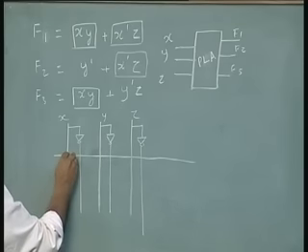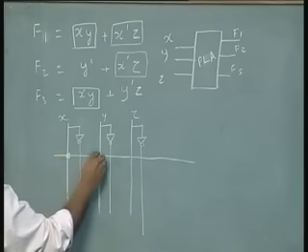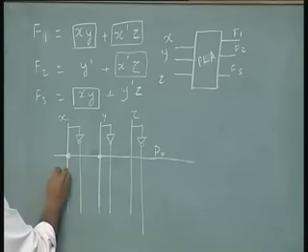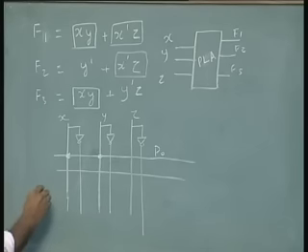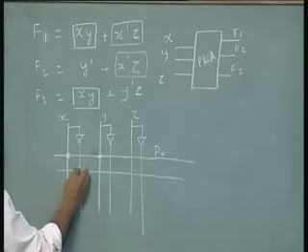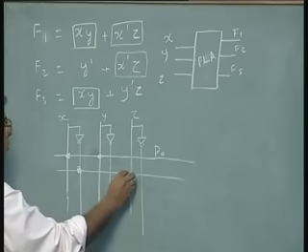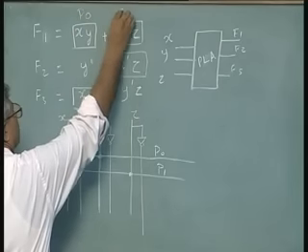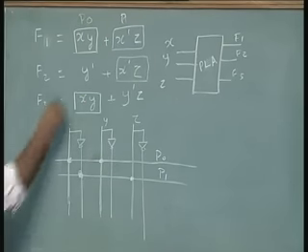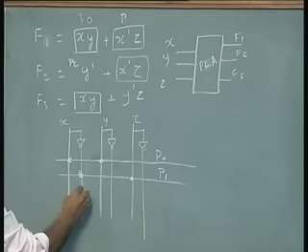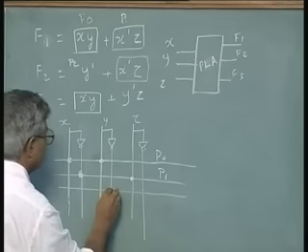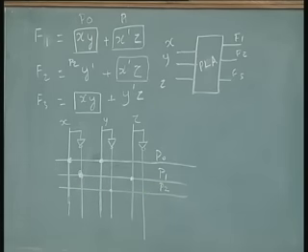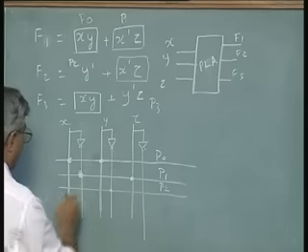So this is x, y, P0. Second product term, P1, would be x bar z. Then I am going to call this P2, y bar, and this will be my P3, y bar z.